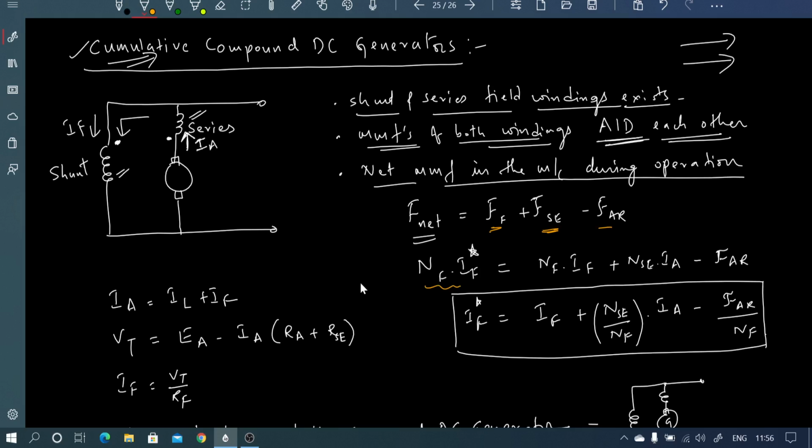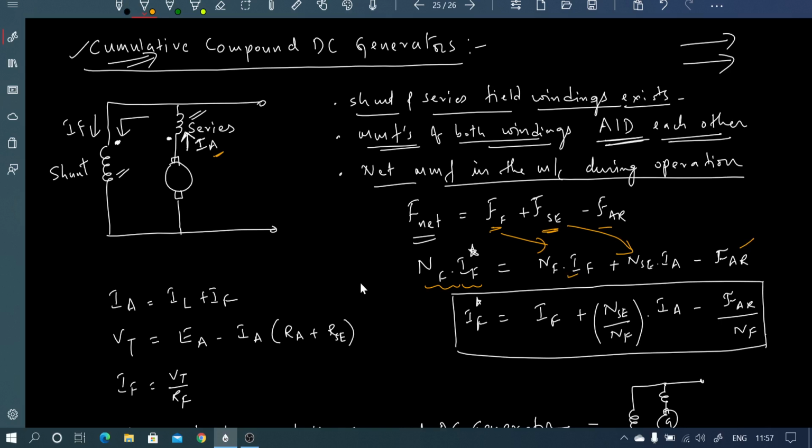This is NF into IF, the net equivalent ampere turns in terms of number of turns into current, equals NF IF, plus NSE into IA, the series field winding turns into armature current, because armature current is flowing in the series field winding, minus the armature reaction MMF.